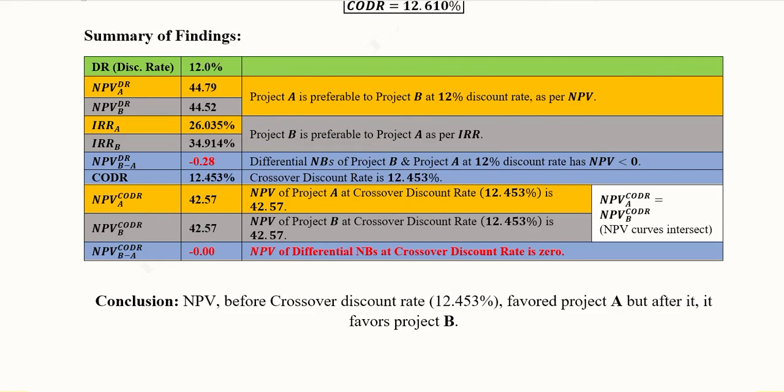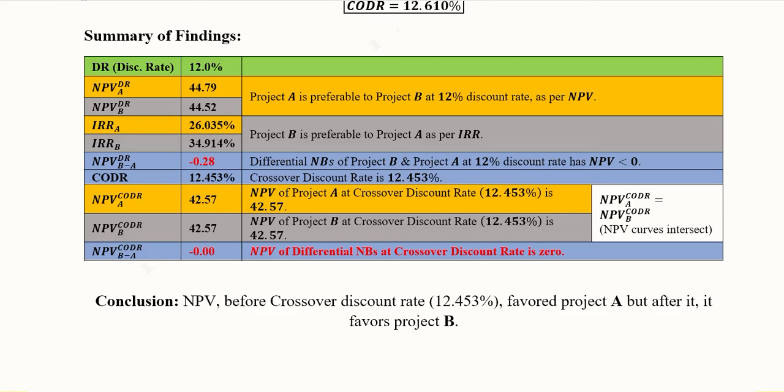So the main purpose right here is to see how these two projects can be compared when it comes to increasing discount rate. So NPV, if we calculate it for the difference of the two net benefits at 12% discount rate, will be equal to minus 0.028.